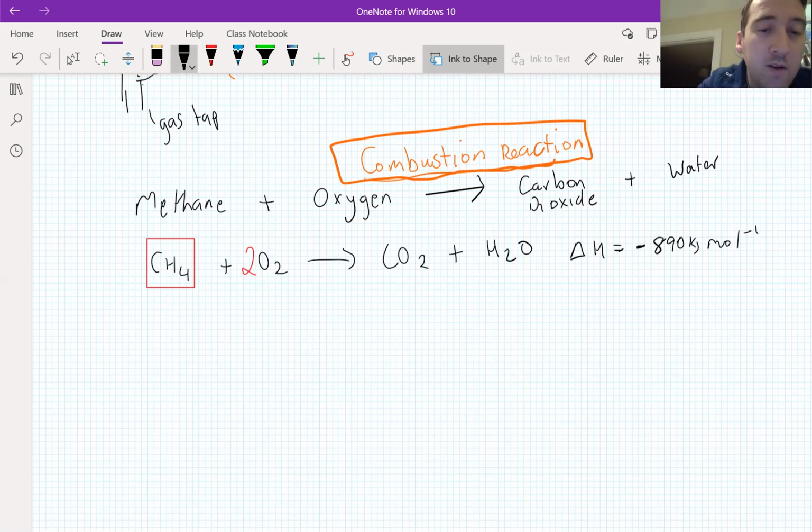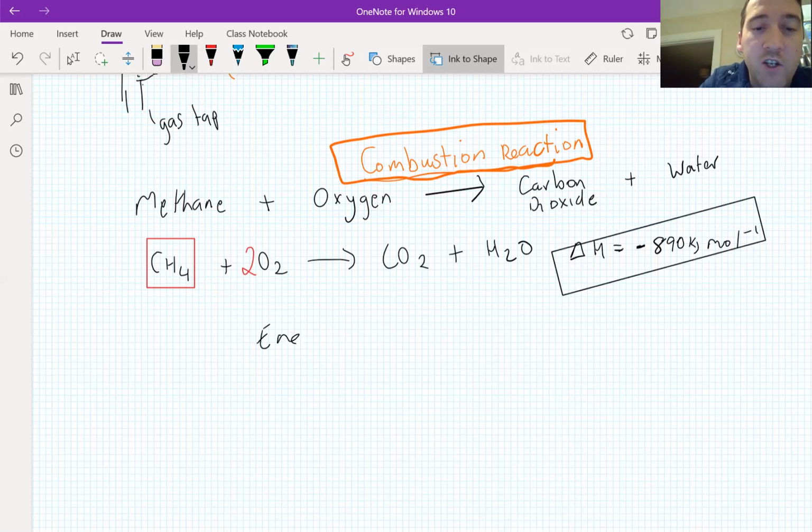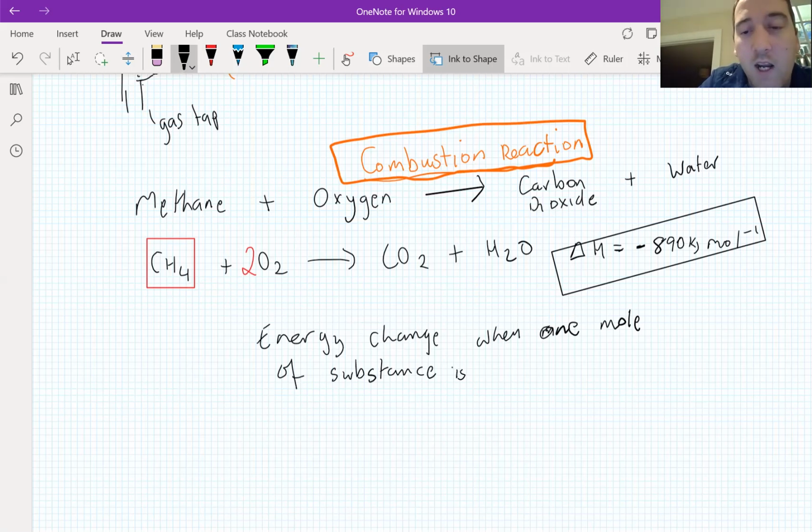So what about the energy change then? This is for methane, but the energy change is when 1 mole of a substance is completely burned in excess oxygen.